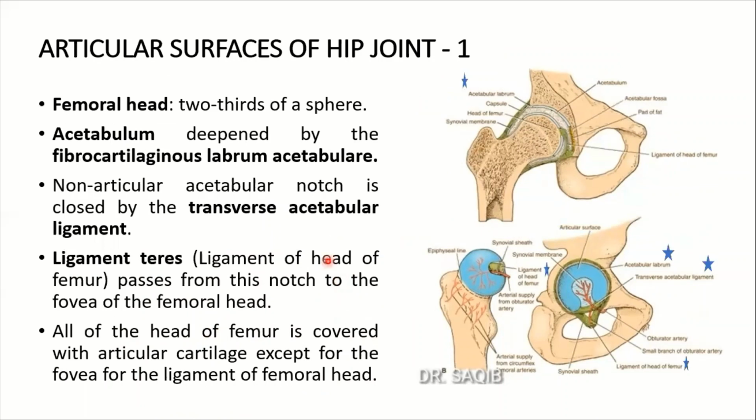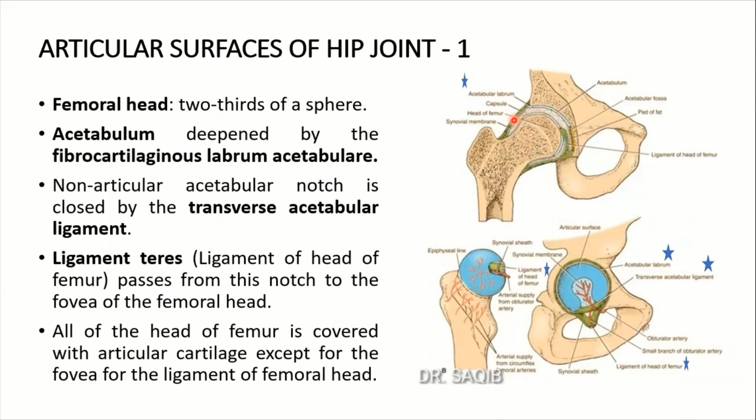So articular surfaces: the femoral head is 2/3 of a sphere, right? This femoral head, this is 2/3 of a sphere, right? And the acetabulum is deepened by the fibrocartilaginous acetabular labrum, right?